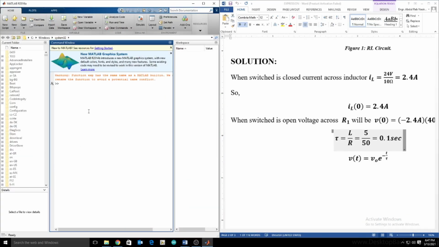So in MATLAB, V naught is equals to 96 semicolon, and the time will be from 0 with an increment of 0.05 to 0.6, and tau is equals to 0.1.